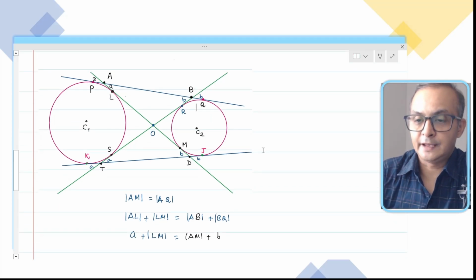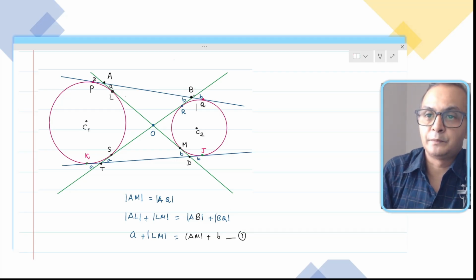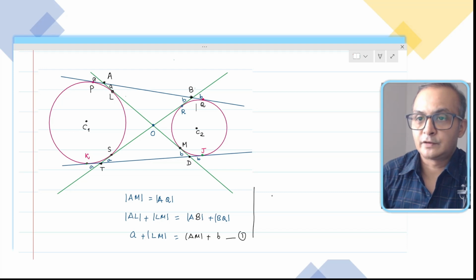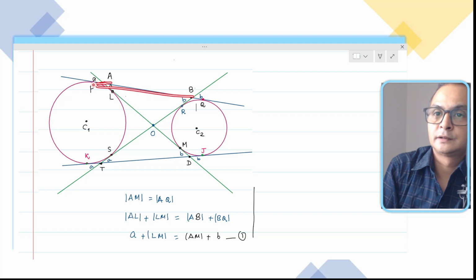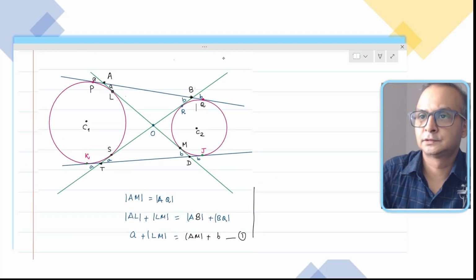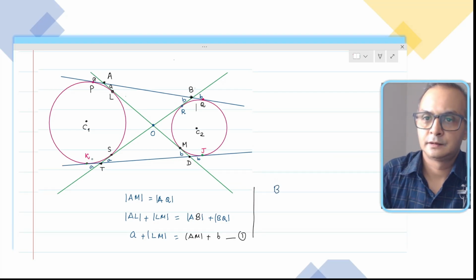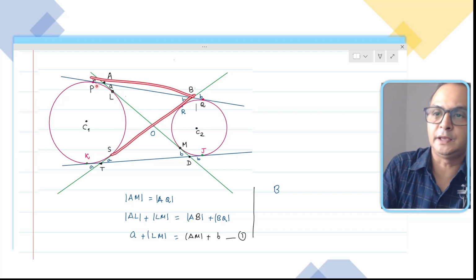The similar thing we can do for the tangent drawn from B to this bigger circle C1. So you notice what we can write: the tangent from B to this point S and B to this point P. And here from B I can write this tangent, the BS and the BP.